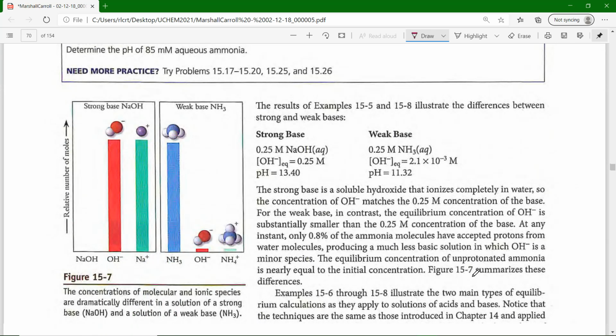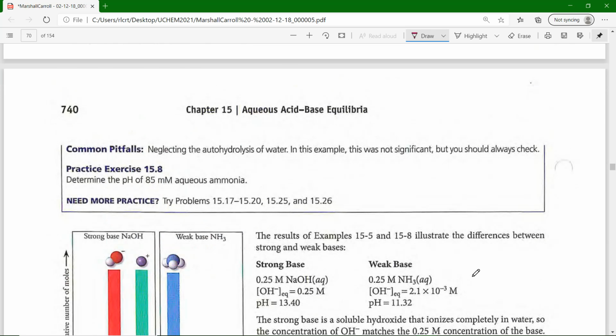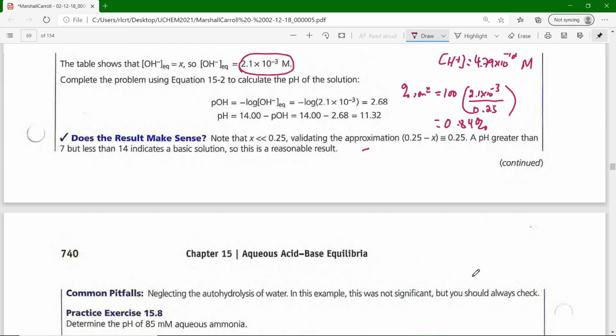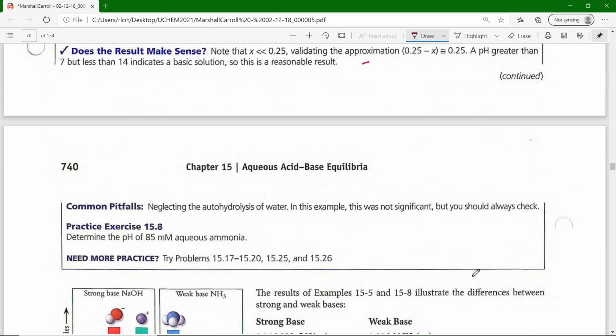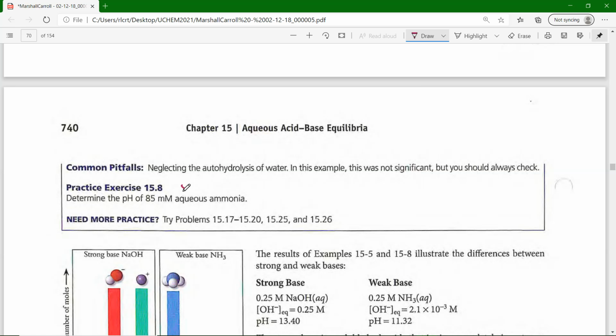Yeah, that one should still work without doing, well, let's see. 85 by 10 to the minus 3 is 8.5 by 10 to the minus 2, or 0.085, which is 0.085 divided by 0.000018. Yeah, the approximation should work for that. So 0.085 is the initial value.